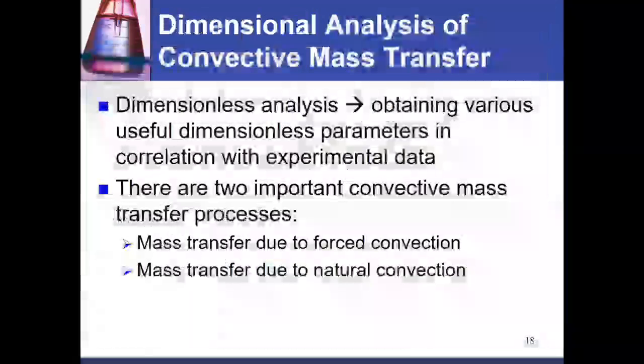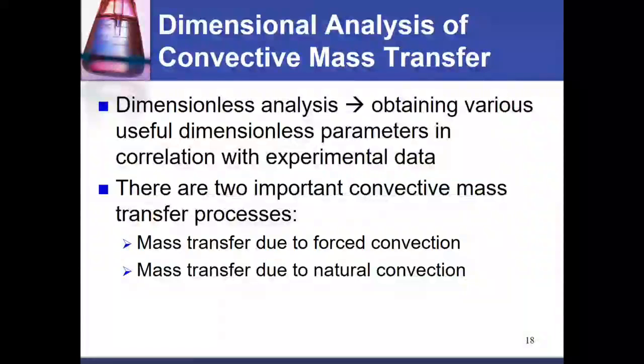Okay, so let's move to dimensional analysis of convective mass transfer coefficient or convective mass transfer. So we have to use something called dimensionless analysis. We obtain some dimensionless parameters or numbers, and then we expect or predict a correlation, or functionality, for example, how one of the dimensionless parameters will depend on the other.